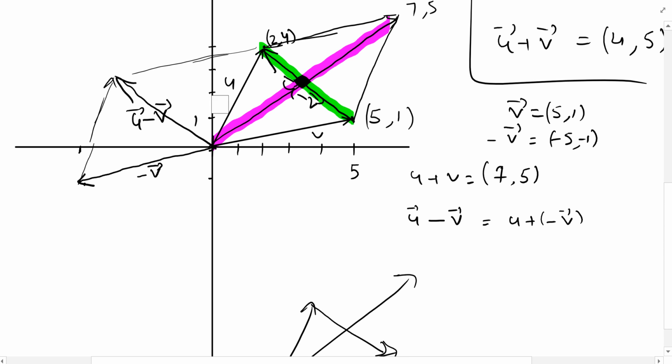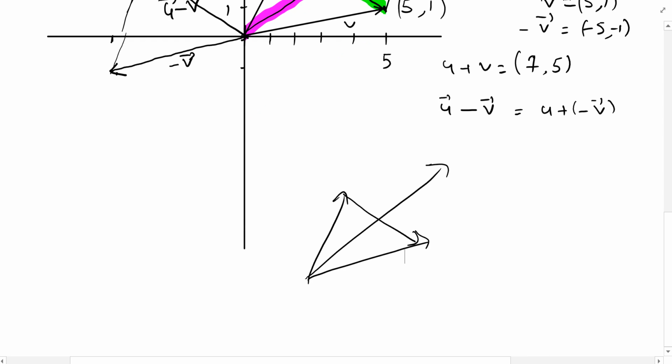If you do v minus u, the direction is going to reverse. If you go towards u, the arrow is going to be towards u, because we are subtracting v from that. And if you do v minus u, then it's going to be a flip of that, and it's going to be in this direction. You see? We'll make a parallelogram there, so the diagonal is going to be right here.